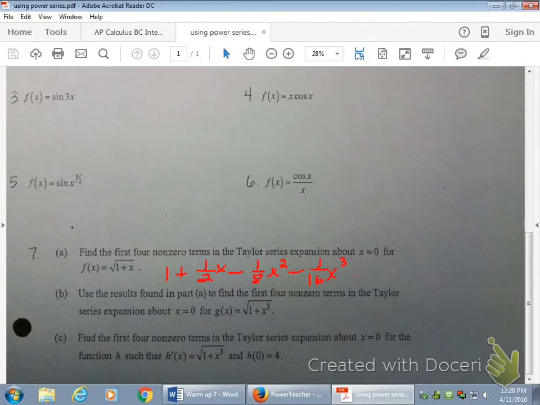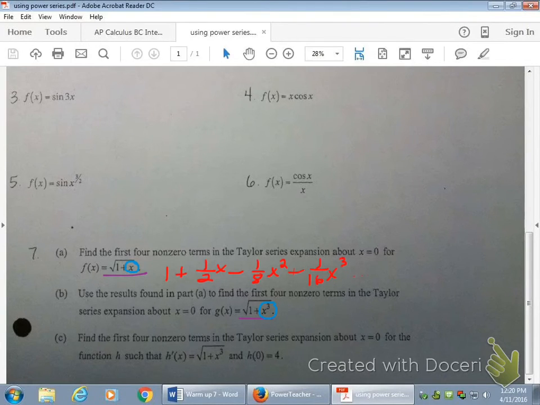Alright, B says use the results in A to find the first non-zero terms in the series expansion about 0 for g of x equals this. Alright, go back and look at what f of x was. F of x was the square root of 1 plus x. G of x is the square root of 1 plus x to the third. So the thing that is different is the x to the third. Basically, an x to the third has been plugged in the place of x.